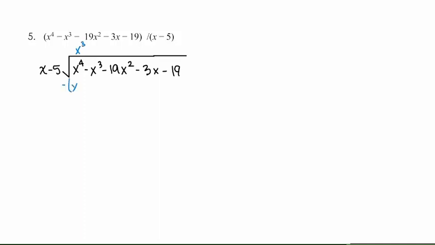You'll have x^4, and -5 times x^3 is -5x^3. Now we're going to distribute that negative sign, so that ends up canceling out our first term. It makes this positive, so that you have 4x^3 remaining. Bring down all your remaining terms.